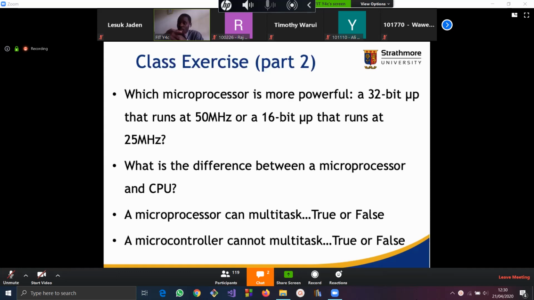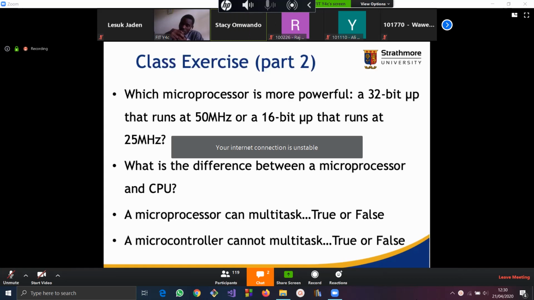It's 32 bits. The other one is 16 bits. I think I've tried to explain it. So which one is faster, or which one is more powerful?